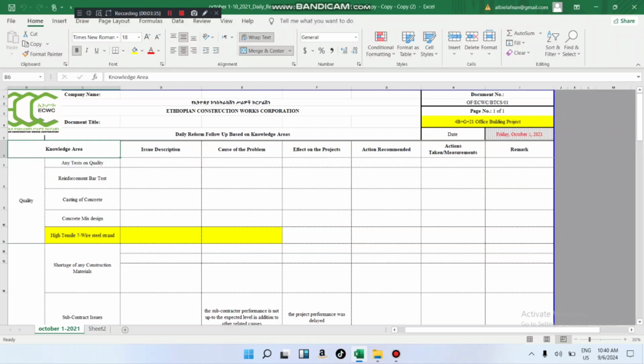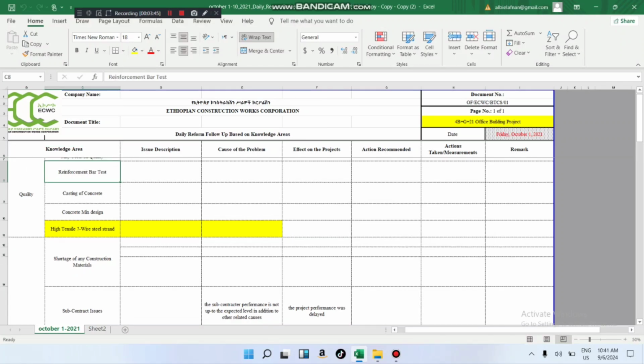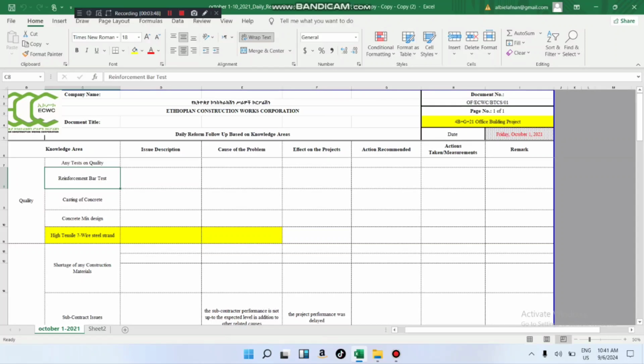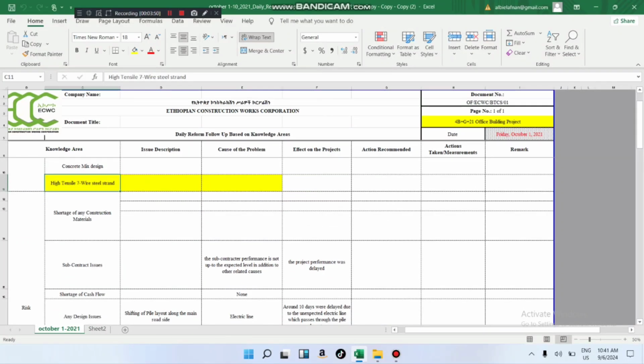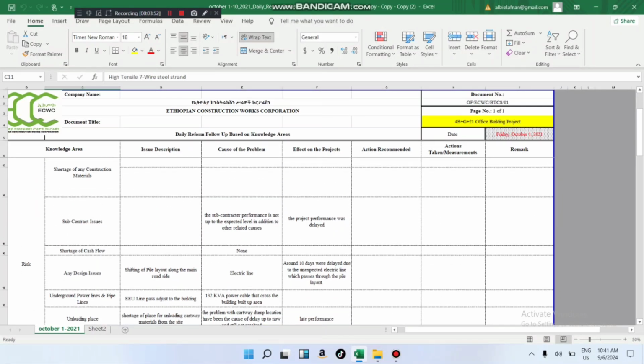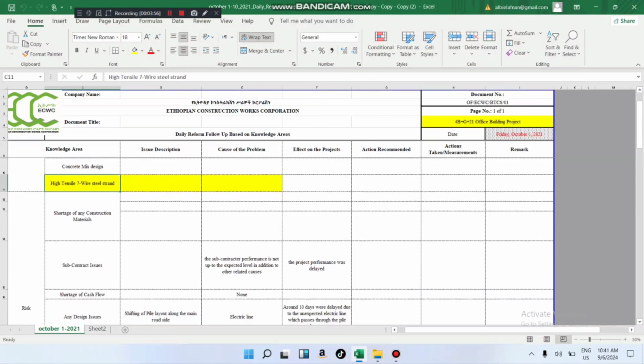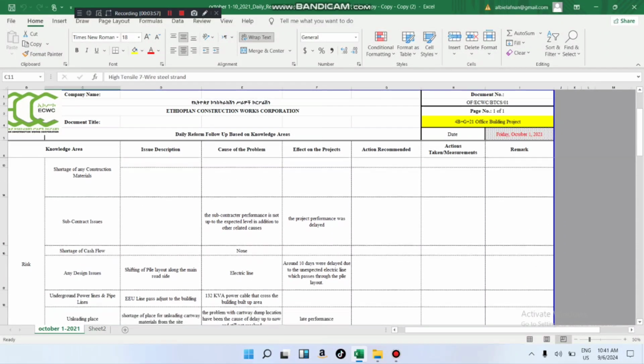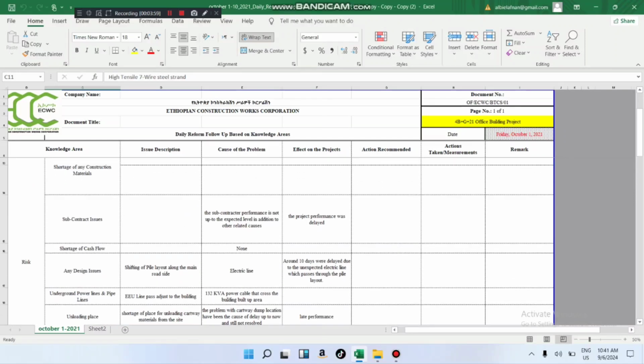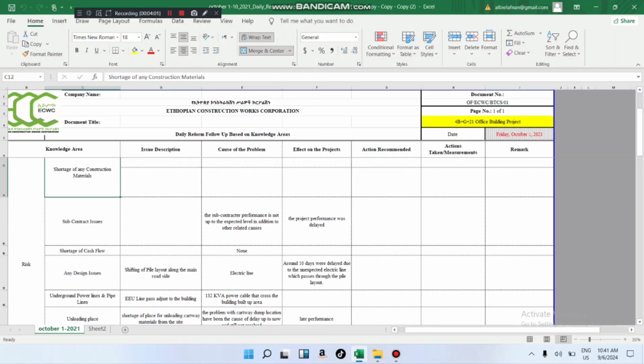For example, here it says you have quality, area, or the work: reinforcement bar, casting, concrete mixing. Anyhow, shortage of cash flow, subcontractor issues. These are the causes.